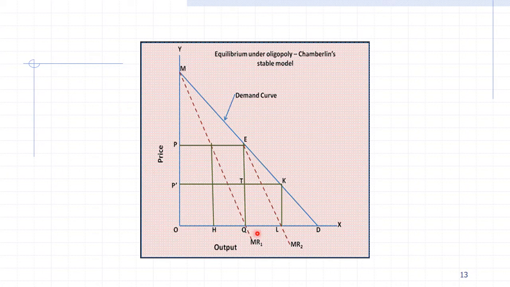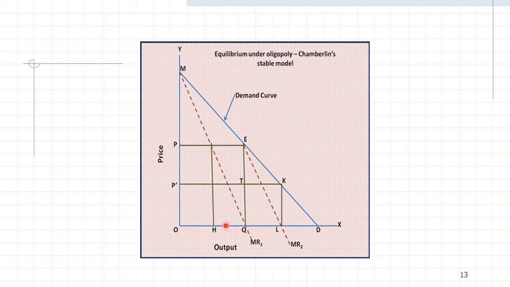The remaining portion, Q to D of demand quantity, is not provided by any seller. From this portion, the second oligopolist may produce half of the QD.